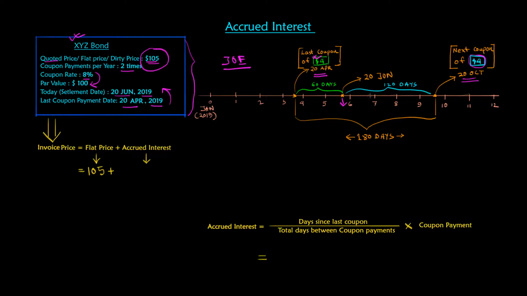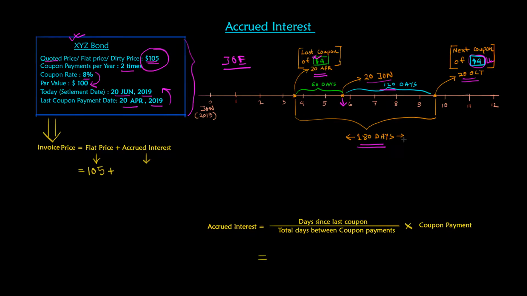But you come later, you come on 20th June after 2 months, and then just wait for 120 days and you get the $4 coupon payment. Don't you think Joe should get some of this $4? His proportionate share, because you didn't hold on to this bond for 180 days.